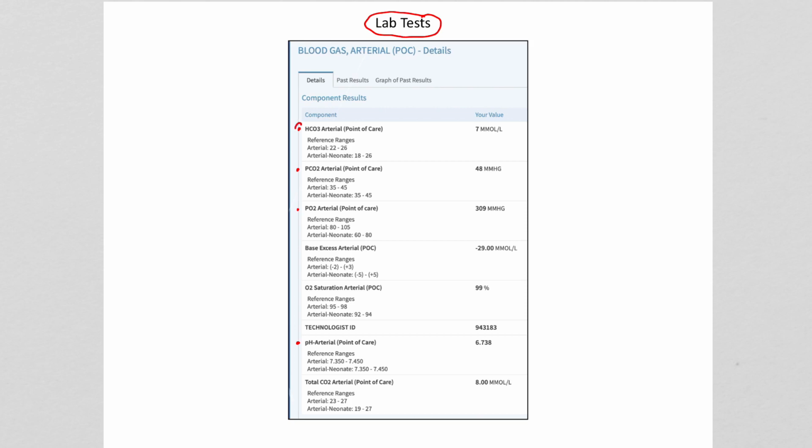One is the bicarbonate concentration. You can see it's about 22 to 26, so that's about 24 millimolar average. Then the PCO2, the partial pressure of carbon dioxide, 35 to 45, so that's roughly about 40 millimeters mercury.